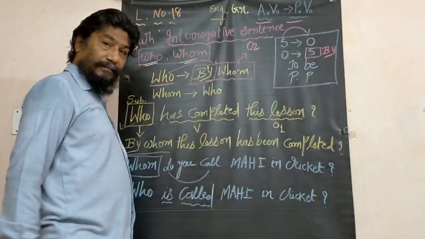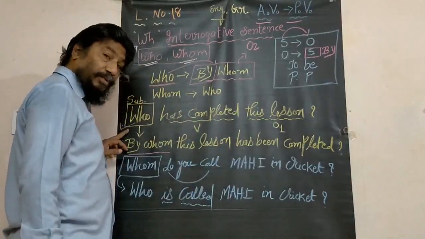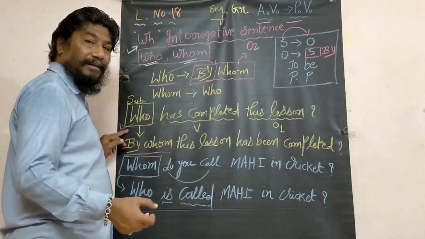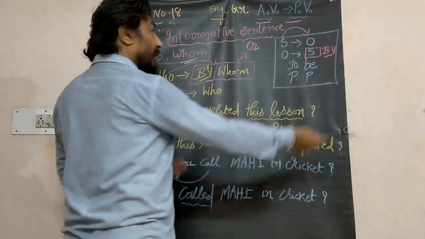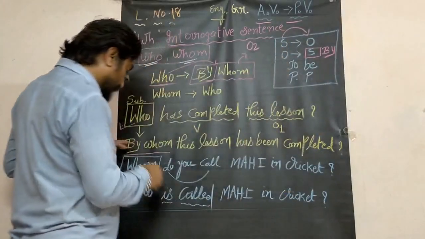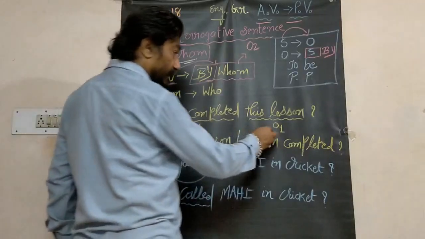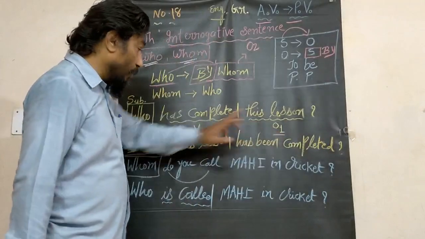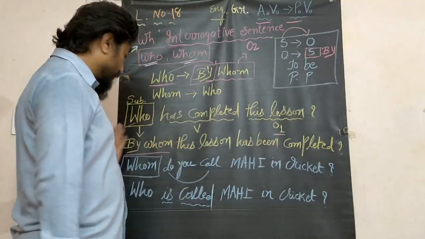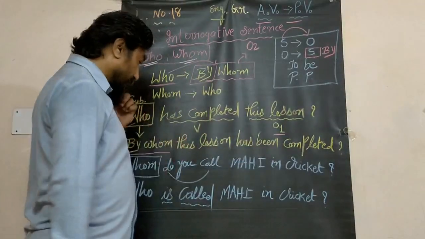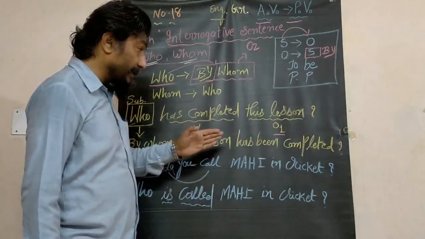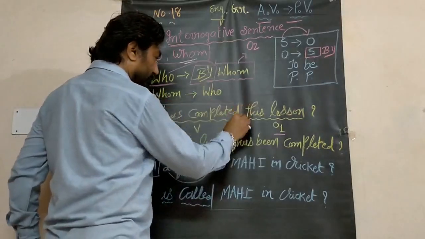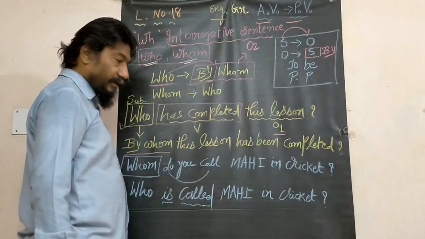O2S. Because when the question is with who, subject will not be given there, but object will be there. The same object will be replaced in place of object, so that by whom, what? This lesson is equal to O1. And this O1 is here soon after by whom, so that by whom this lesson has been completed. This is what? Present perfect.